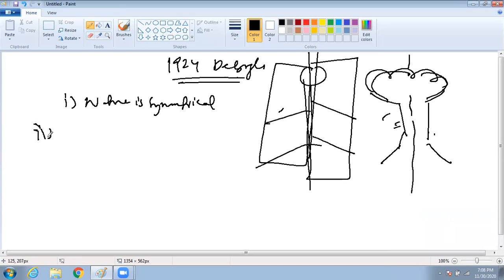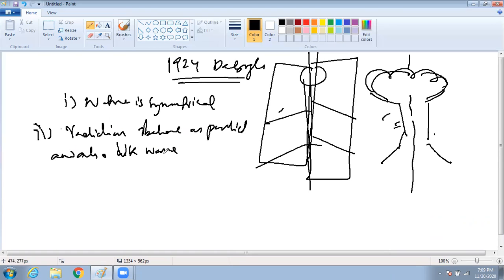Second, if radiation can behave as a particle and also like a wave, then third, he says particles can also behave like waves.